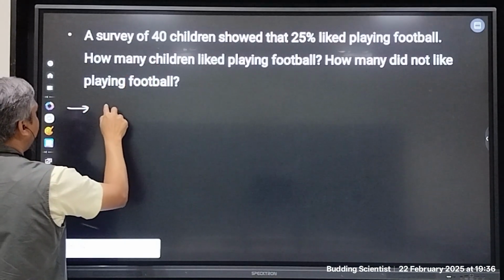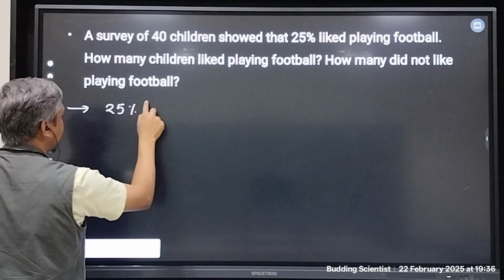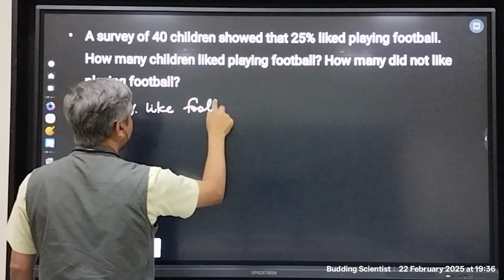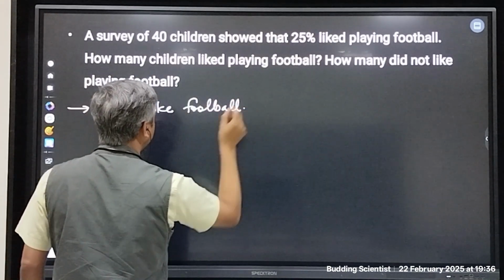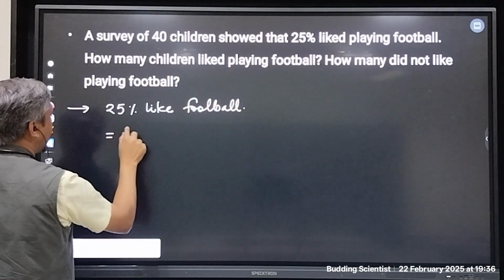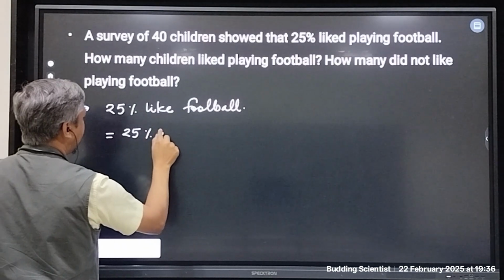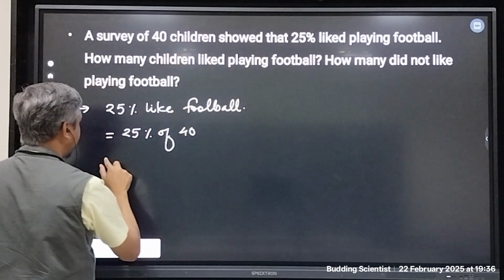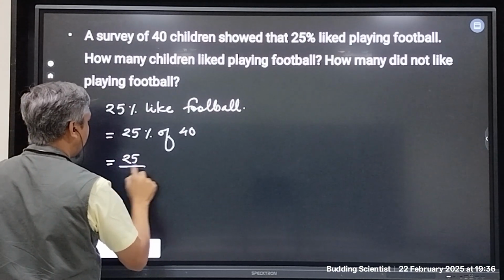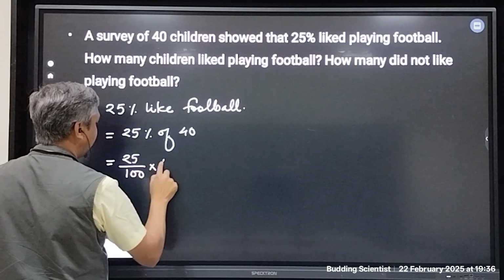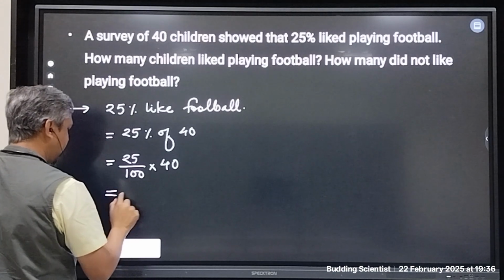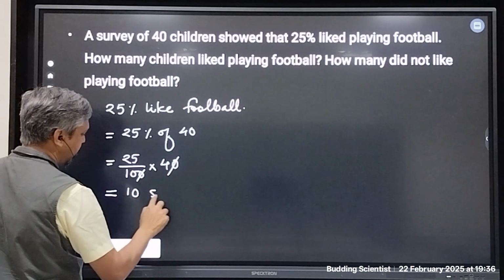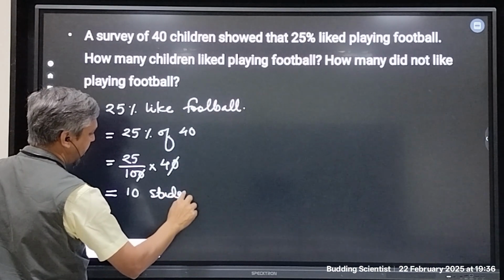So we know 25% like playing football. So this is equal to 25% of how many? 40 children. So 25% of 40 is 25 upon 100 into 40. That is equal to 10 students. So 10 students like to play football.